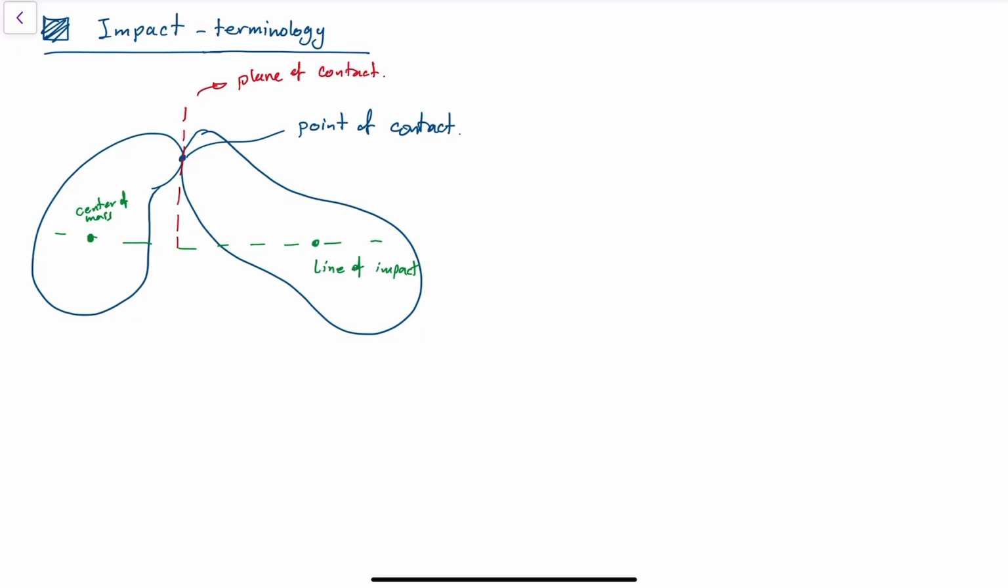The first case we are going to look at is what we call central impact. That is the easiest form of contact. Let's, for simplicity, assume two bodies, round, with center of mass here. So a central impact should satisfy a bunch of conditions.